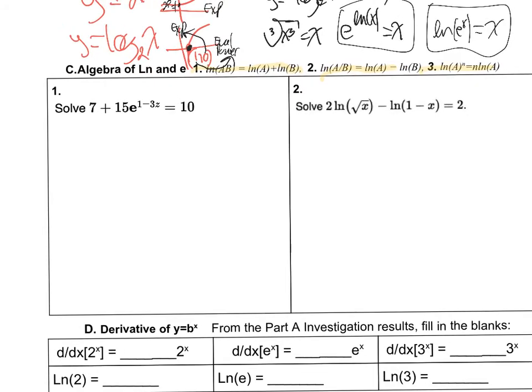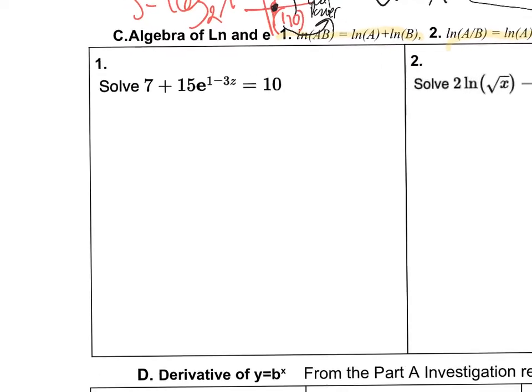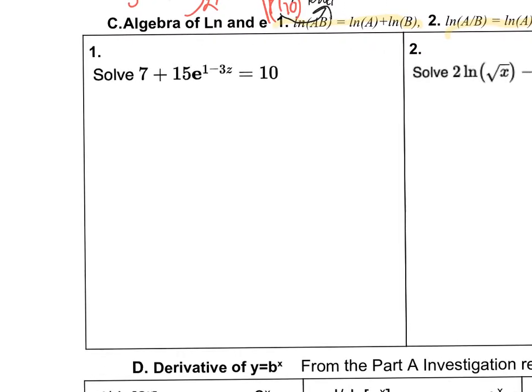Here we go. We're going to start by solving this equation. Remember, that's no different than an equation where instead of e, you could have 2.7183..., e is just our short form. So how do you solve an equation like this? You use all the same rules of inverse operations.